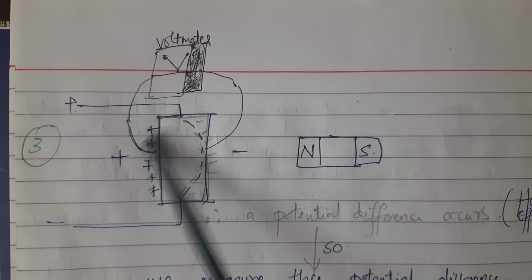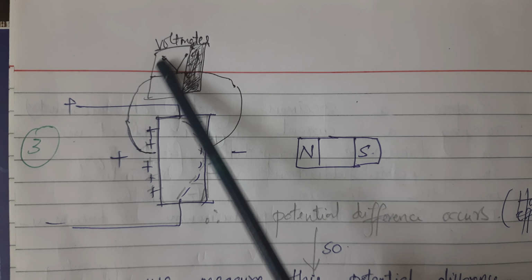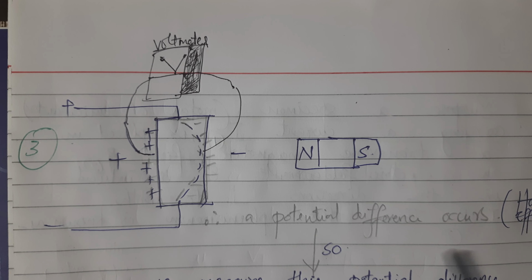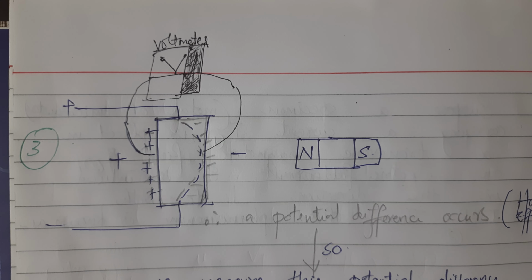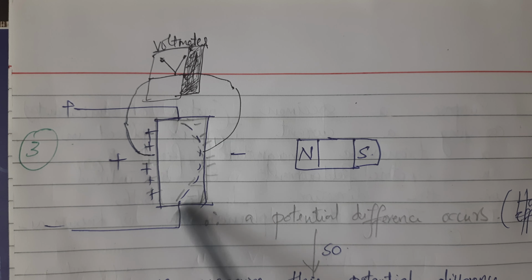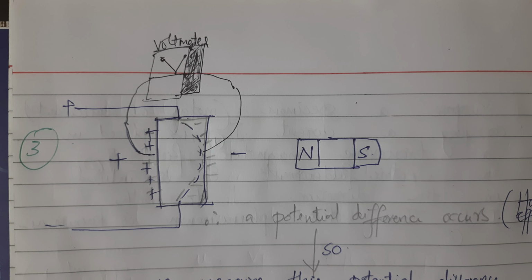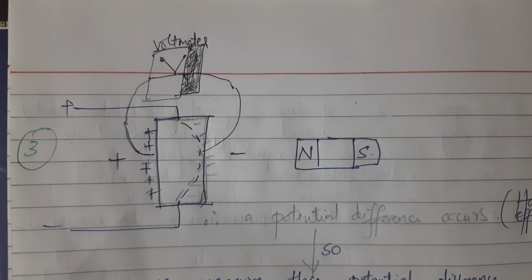So this effect is known as the Hall effect, and this potential difference, this voltage which is measured by the voltmeter, is called the Hall voltage. Okay, so this is the case of a conductor.